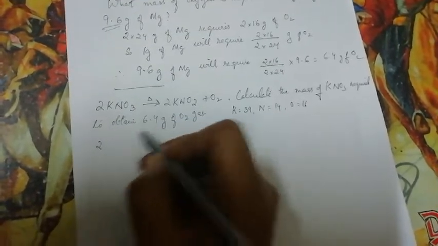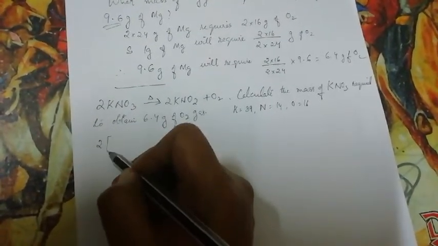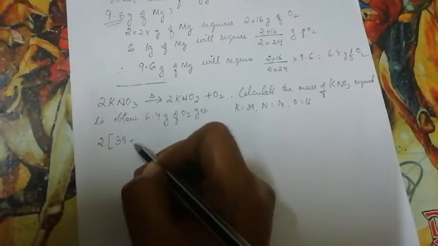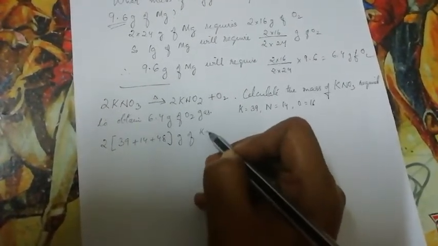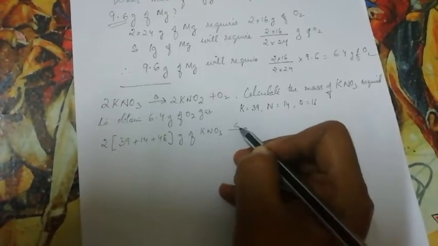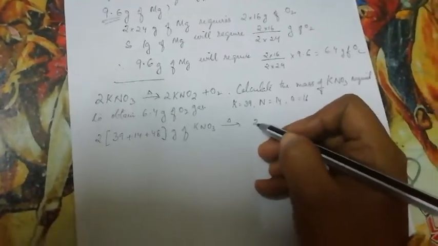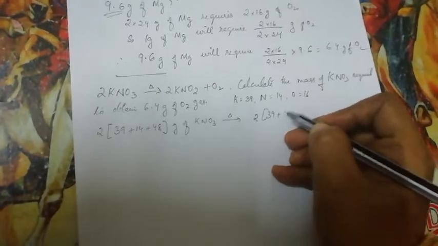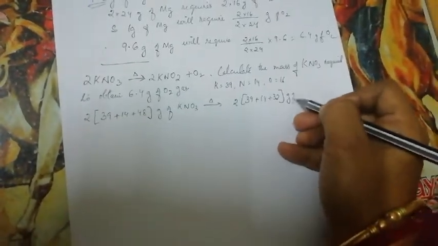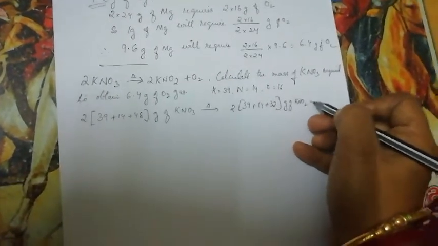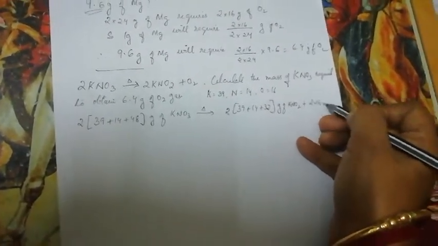First we write the balanced equation. 2 into 39 plus 14 plus 48 grams of potassium nitrate on heating gives 2 into 39 plus 14 plus 32 grams of potassium nitrite plus, of course, 2 into 16 grams of oxygen.